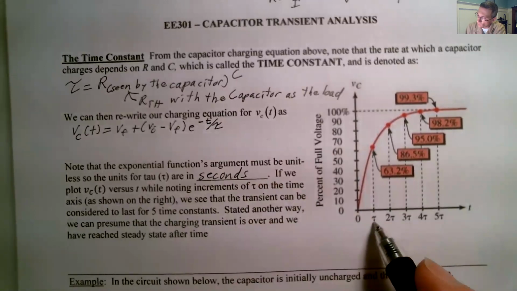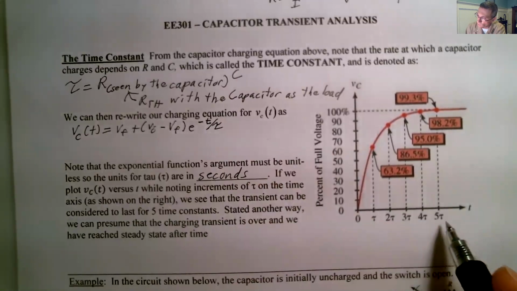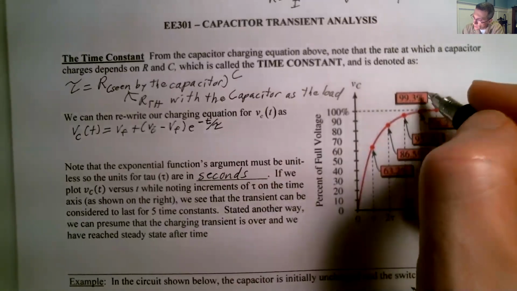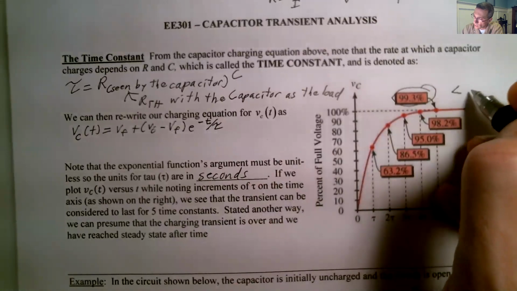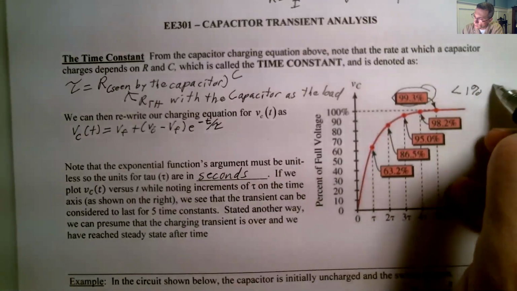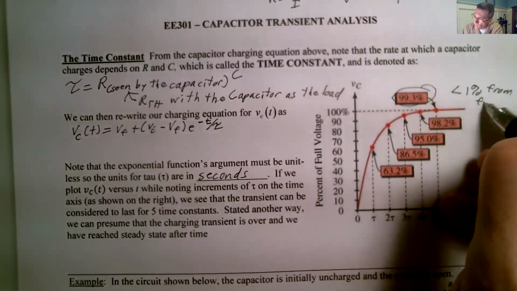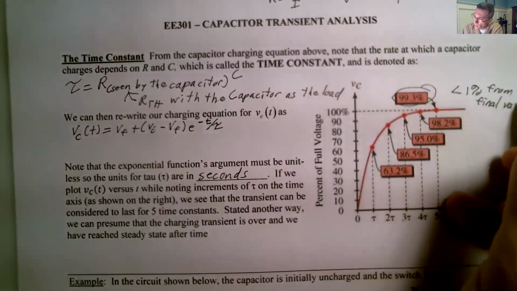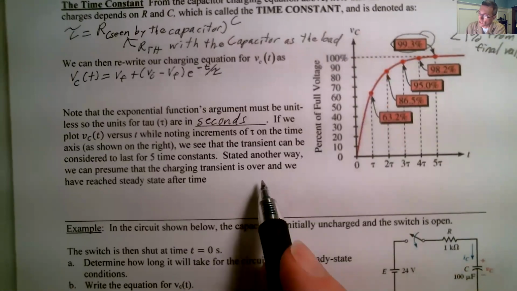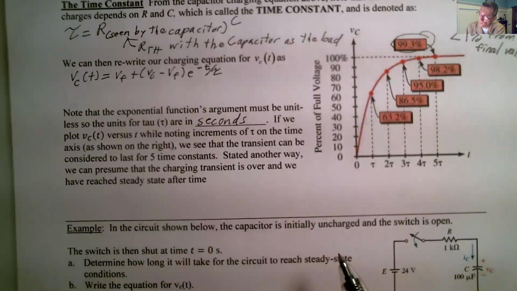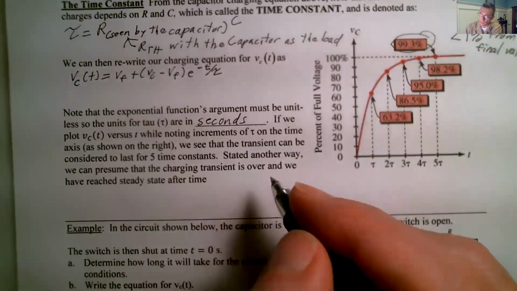Okay, so we've got 1 tau, 2 tau, 3 tau, 4 tau. After 5 tau, we're at 99.3%. So we're at less than 1% from the final value. For engineers, that's close enough. Okay, so we can presume that the charging transient is over after 5 time constants.